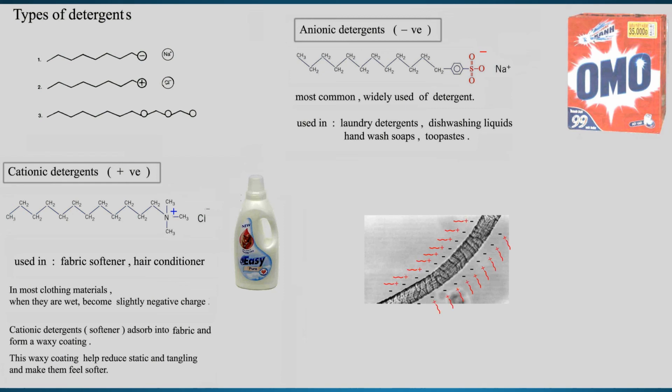So if you put on hair conditioner or fabric softener after washing, you are putting a positive polar tail onto the fabric. So you're coating it with a positive oil. This waxy coating helps to reduce static and tangling and makes it feel much softer.